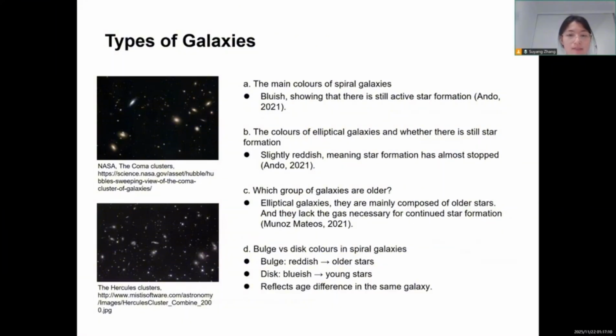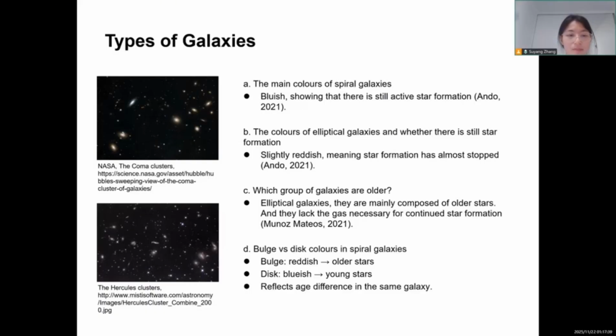Spiral galaxies show blue light, indicating that they still contain gas and are constantly forming young hot stars. Elliptical galaxies often appear reddish, showing that their star formation activities have slowed down or even stopped. And the stars inside are mostly older and cooler.